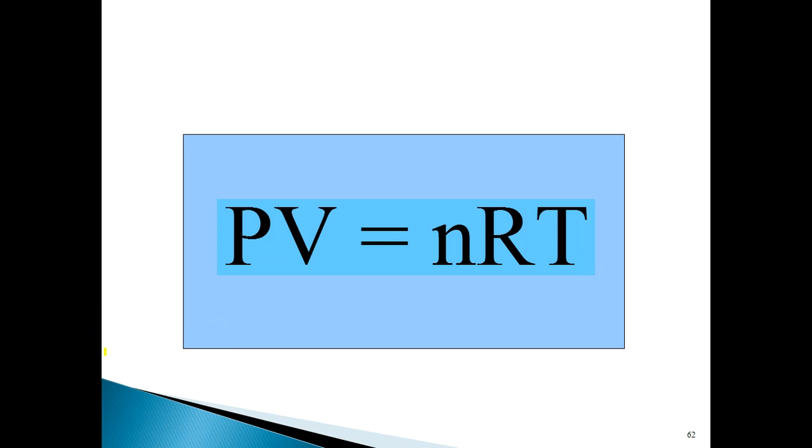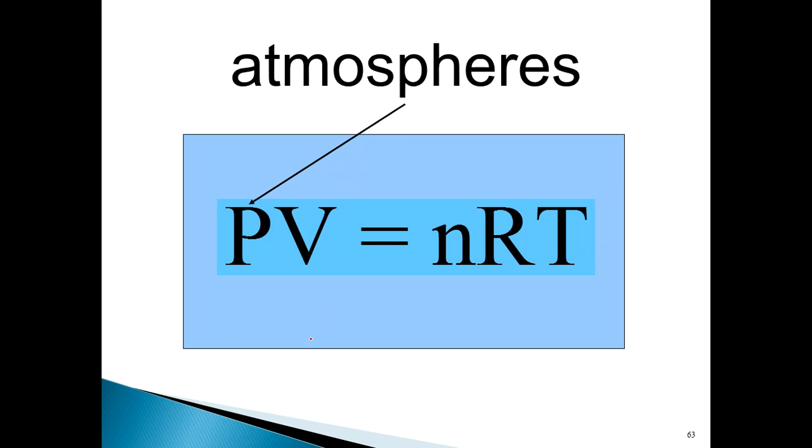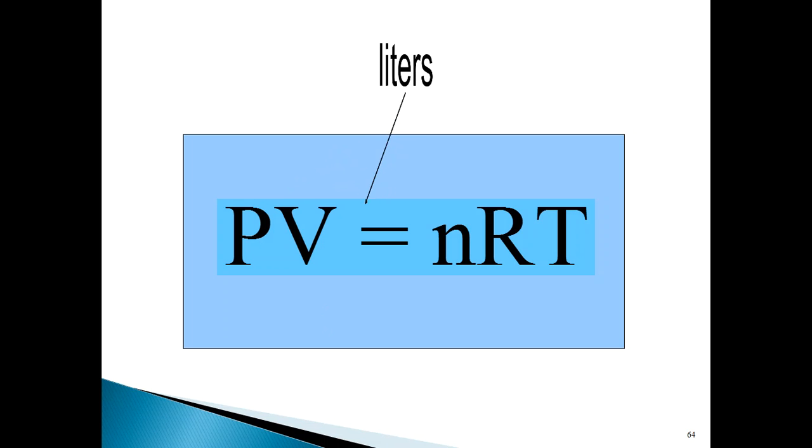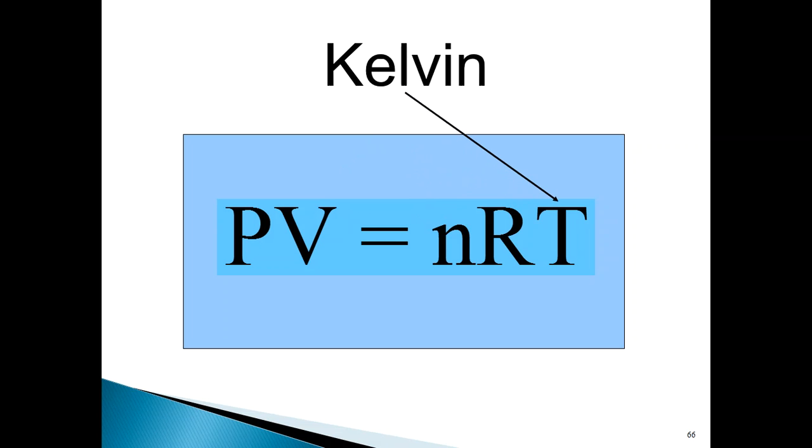The P here is the pressure, which must be expressed in atmospheres. The V is the volume, which must be expressed in liters. The n represents the moles, and the T is the temperature, which must be expressed in Kelvin.